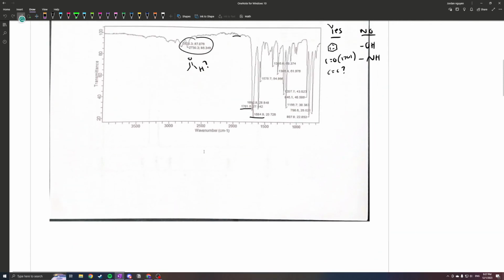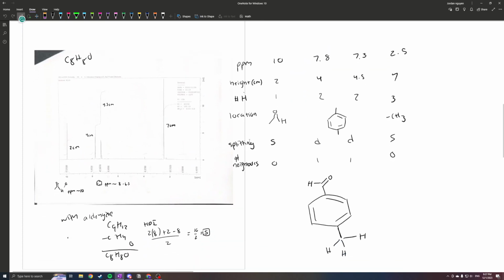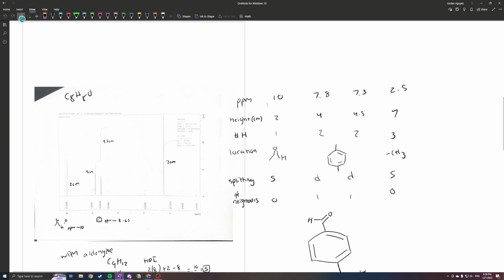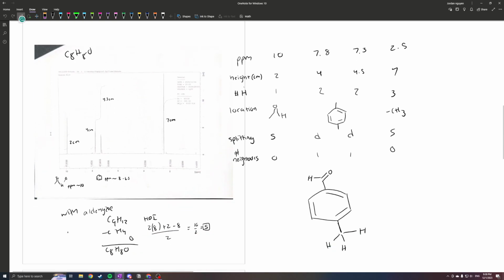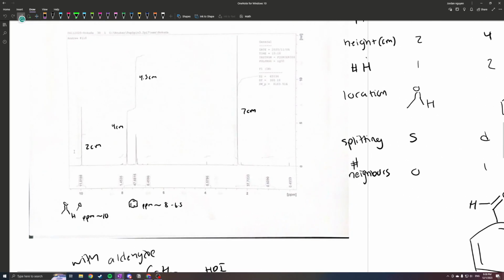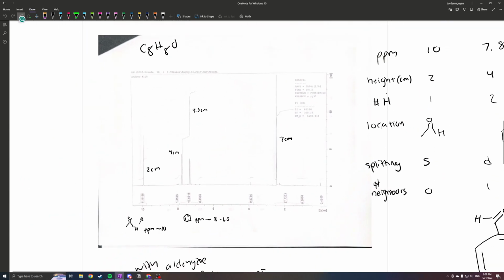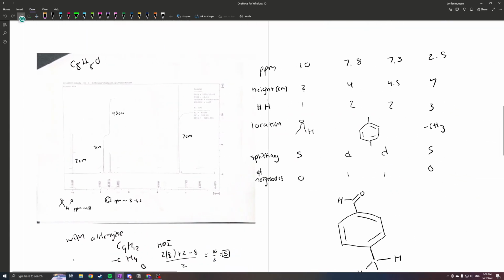After that, I solved for the structure using the basic steps. Again, I wrote down the ppm, and then I measured the height because they didn't give me the integration for each individual peak. It kind of spread out, so I measured the height of each peak, which gave me 2 centimeters, 4 centimeters, 4.5 centimeters, and 7 centimeters.